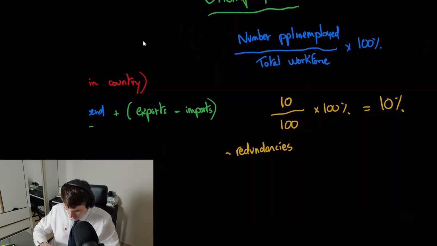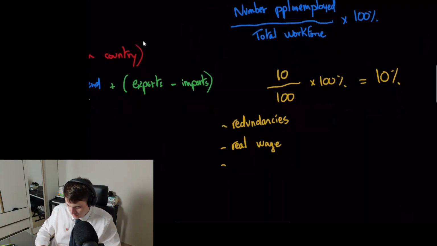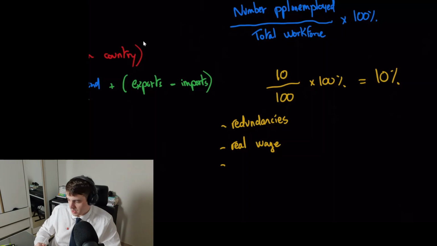We have these following. Real wage unemployment, where the people's wages are too high. We have frictional unemployment. We have seasonal unemployment.